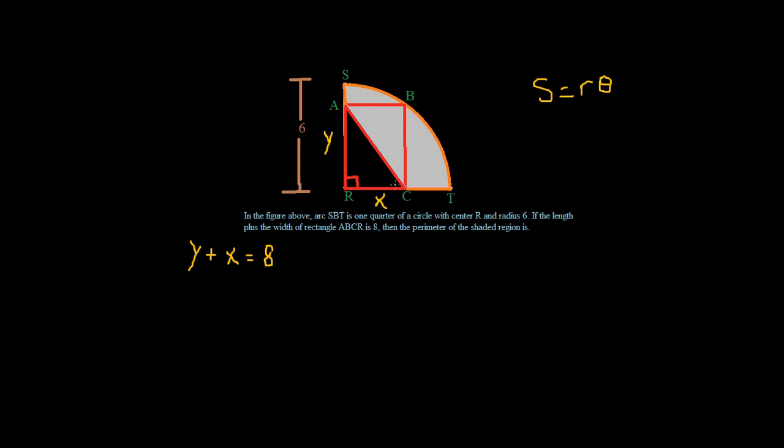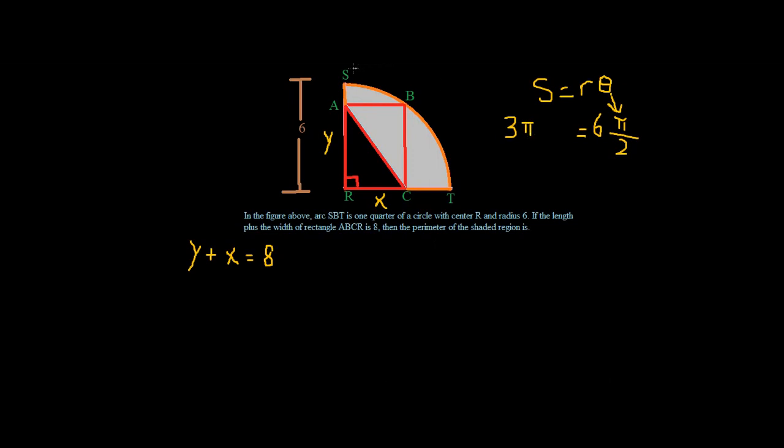A quarter of a circle corresponds to pi over 2, because pi corresponds to 180 degrees, and this is 90 degrees. We know the radius is 6, so the arc length of SBT must equal 3 pi.